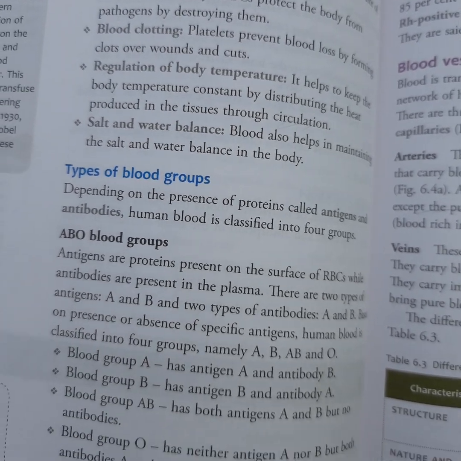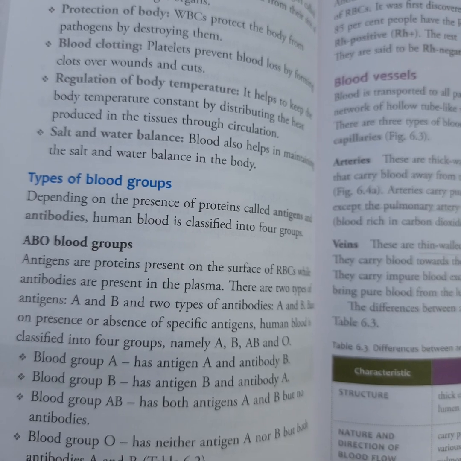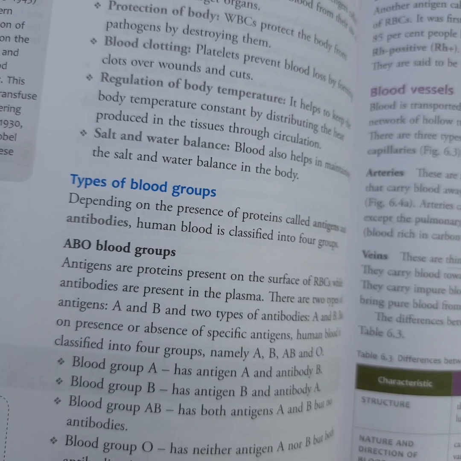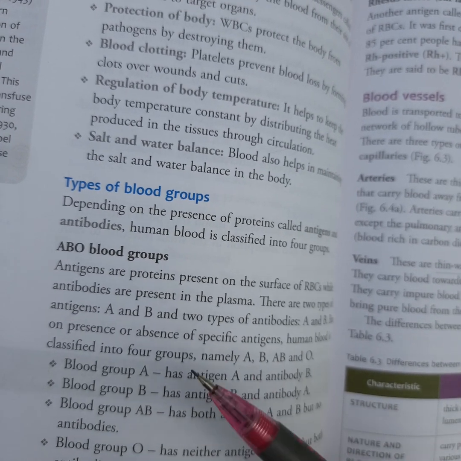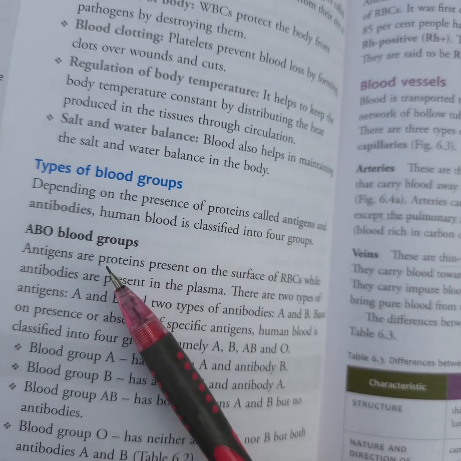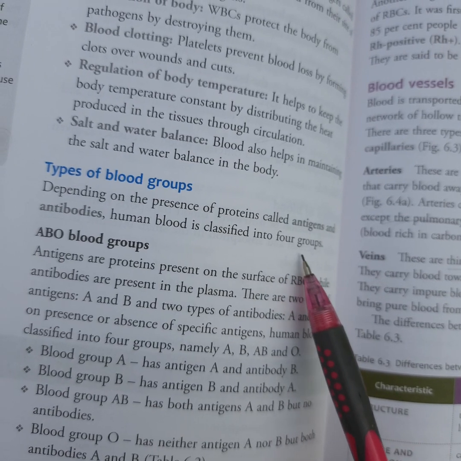Then types of blood groups. Okay, there are two types of blood group, ABO blood group and rhesus factor. So see, depending on the presence of proteins called antigens and antibodies, human blood is classified into 4 groups.